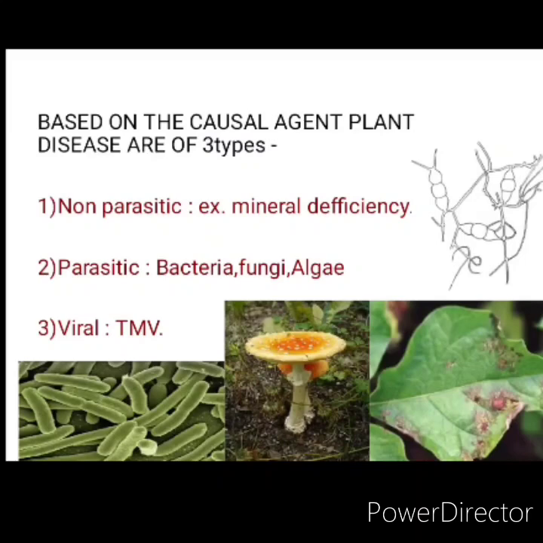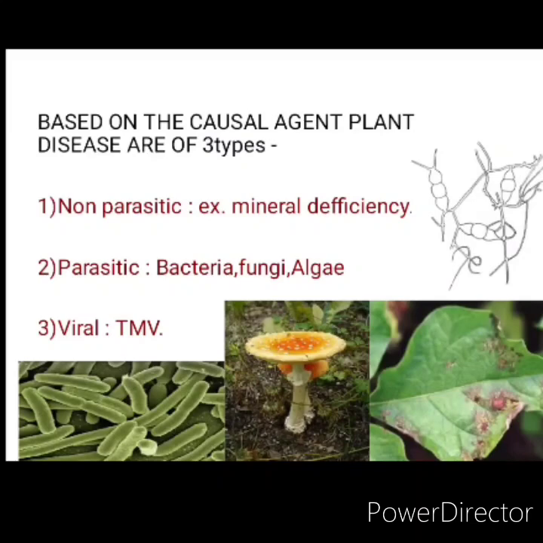So parasitic plant diseases can again be divided into two types, that is the plant diseases incited by the animal parasites, which include nematodes, protozoa, birds, rodents and other animals.